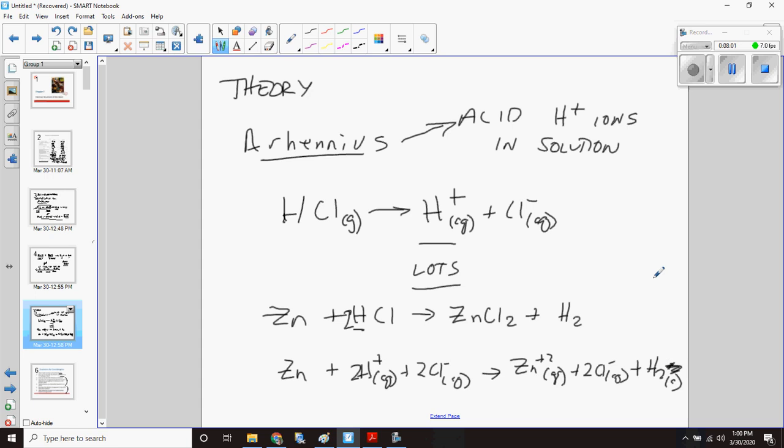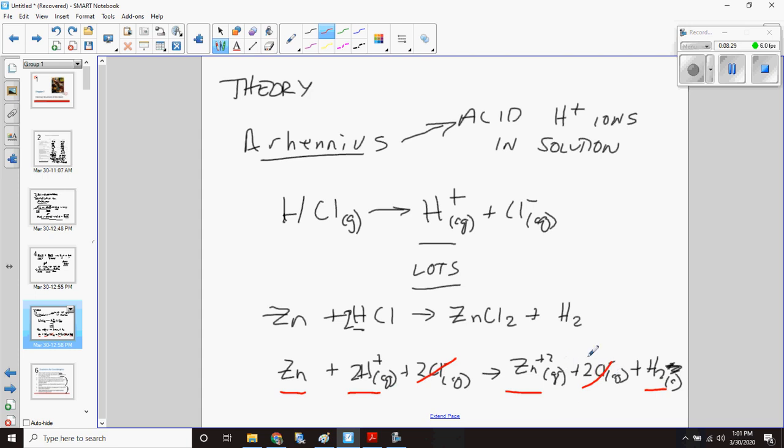So if I choose a different pen here, the spectator ions become chloride and chloride, and that's it. Everything else is included. So the net ionic equation becomes zinc plus 2H+ goes to form Zn2+ plus H2 as a gas.